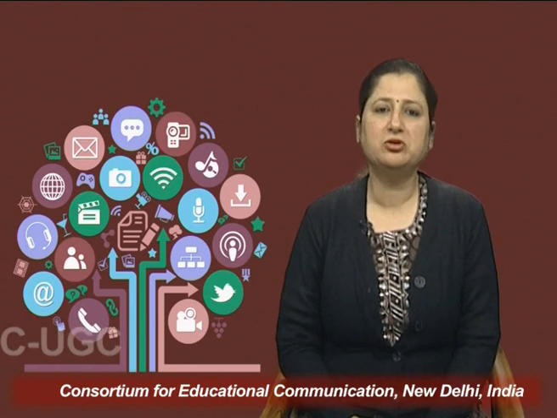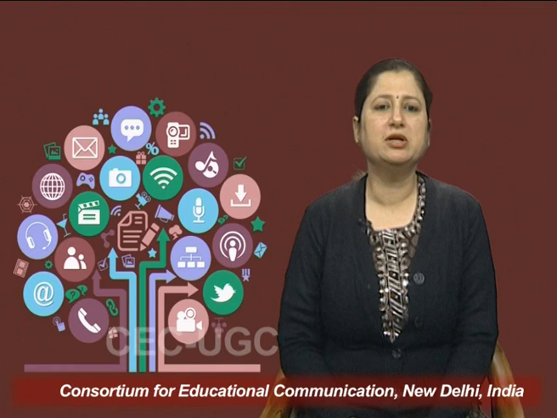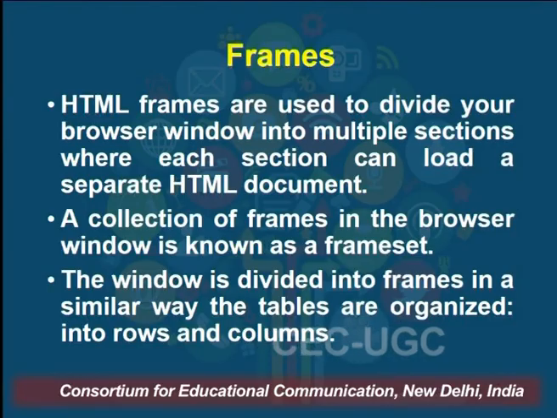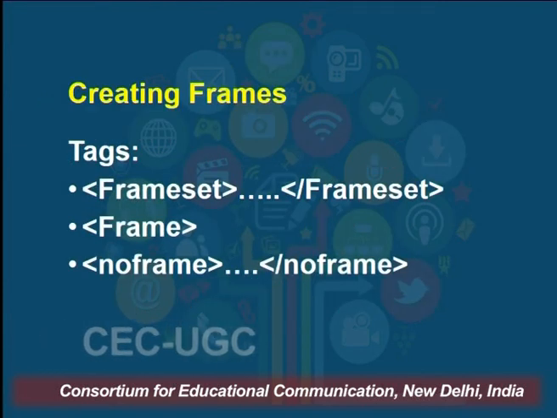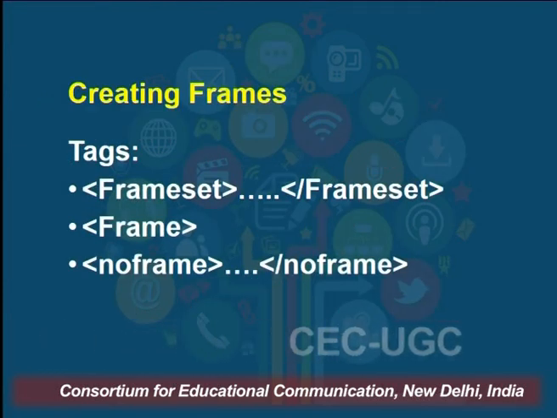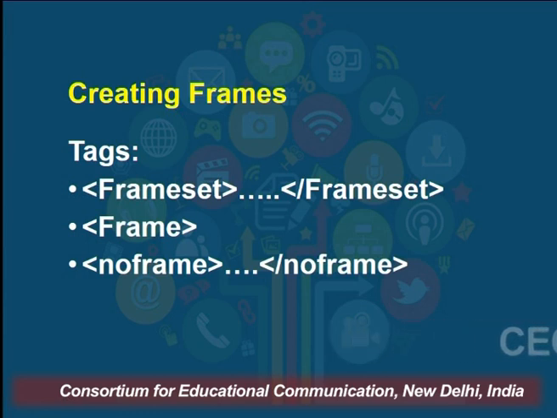So frames divide the browser window into sections, and each section we can use for a separate HTML document, right? We use two types of tags basically to define frames in a browser window. First is the frame set tag and the next is the frame tag.